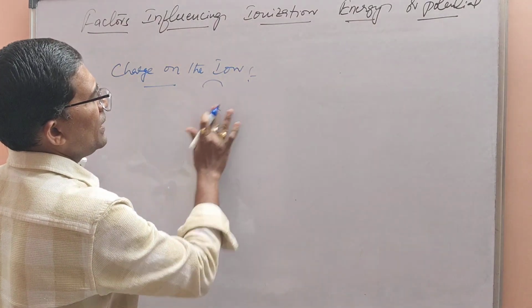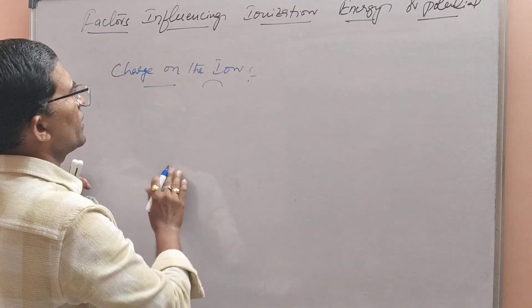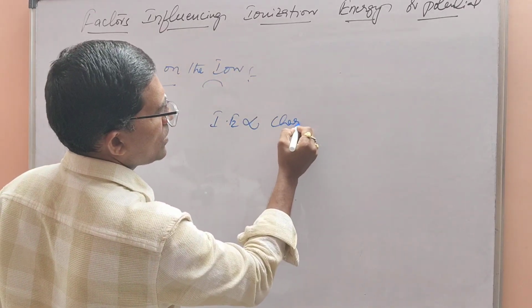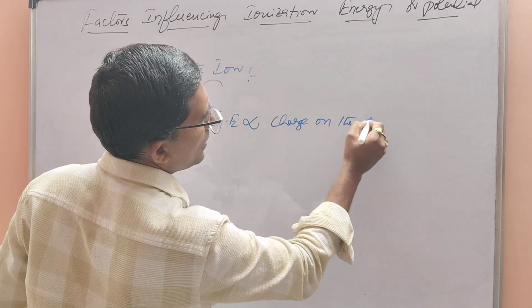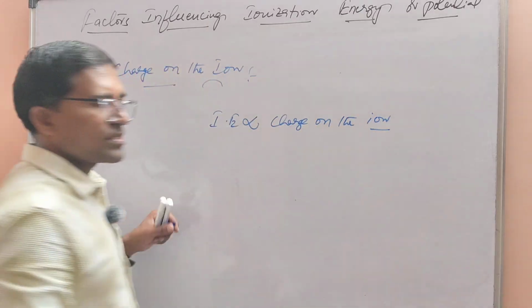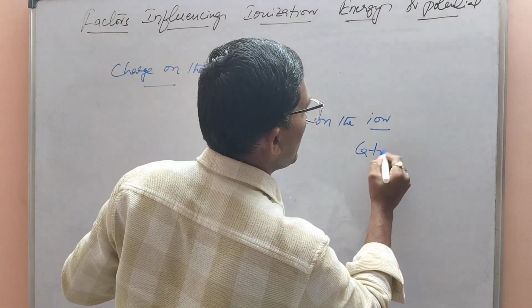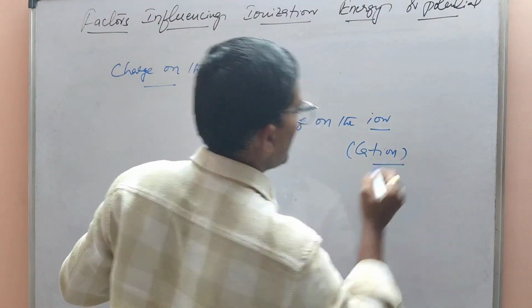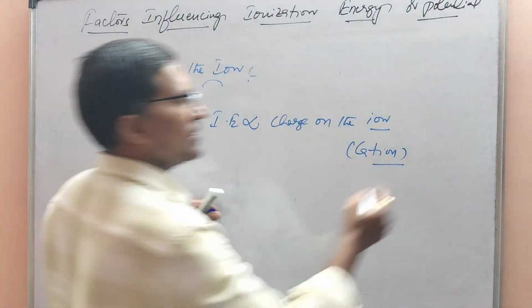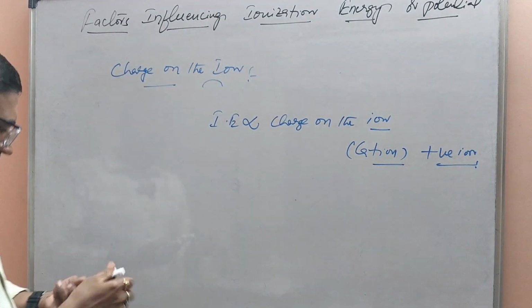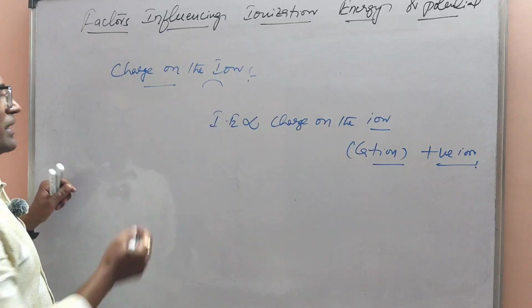So ionization energy is directly proportional to the charge on the ion. Which ion, sir? Here we will be discussing primarily the cation, the positive ion. I will go with a simple example, easy to understand.